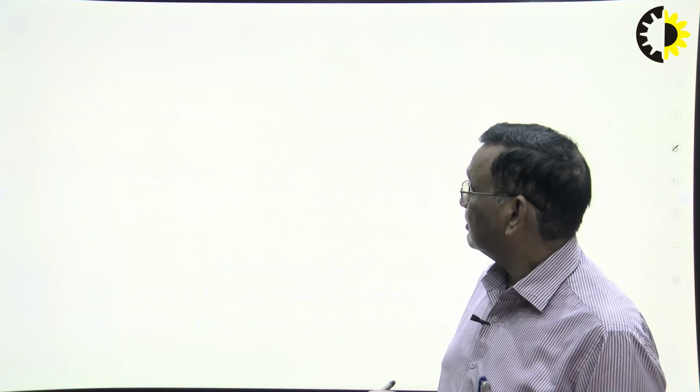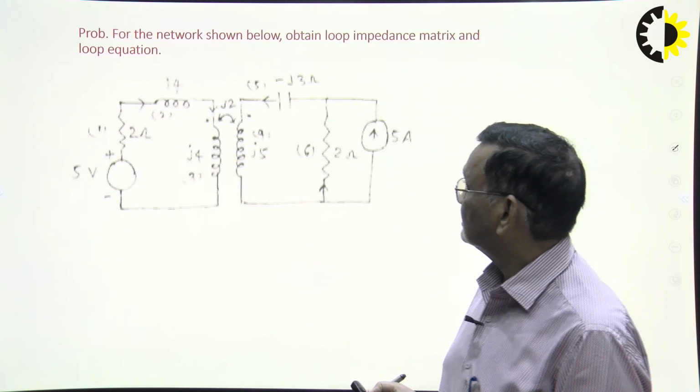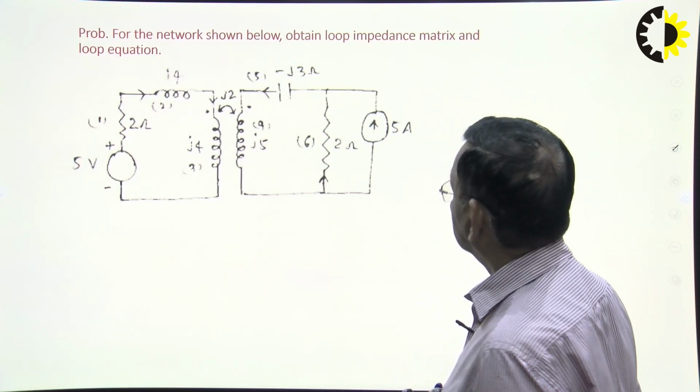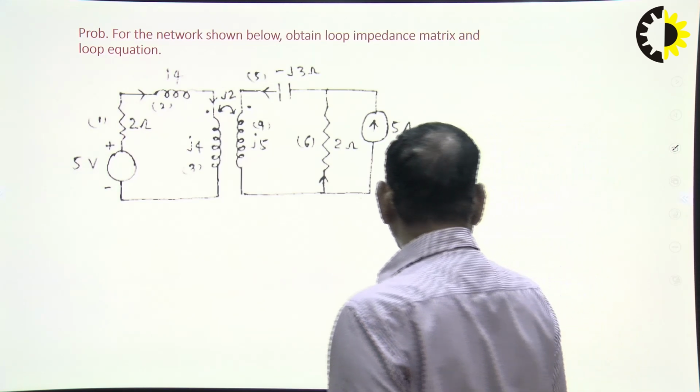The given problem is like this: for the given network, obtain the loop impedance matrix and loop equations. So there are two problems.